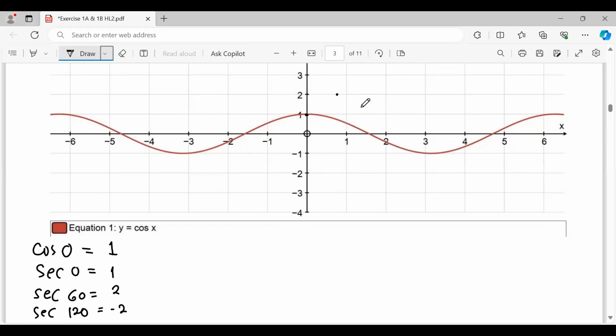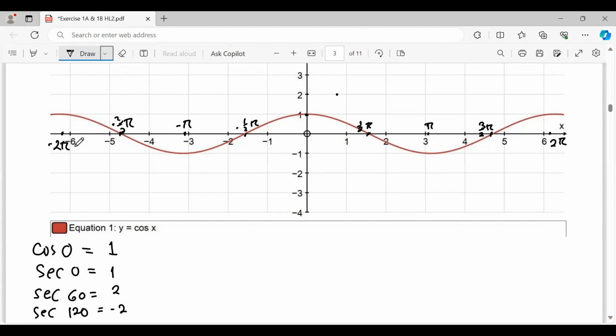This is half pi, and then this is pi, 3 half pi, around here 2 pi, minus half pi, minus pi here, minus 3 half pi, and minus 2 pi.